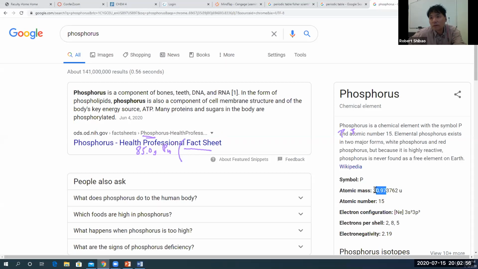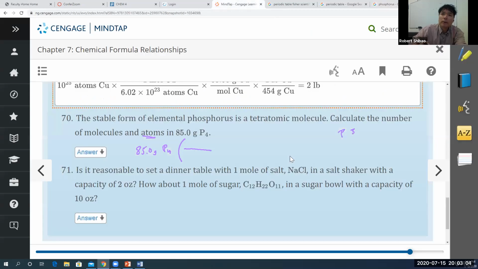Just use that, 30.97. One phosphorus is 30.97, but how many phosphoruses do we have? We have 4.